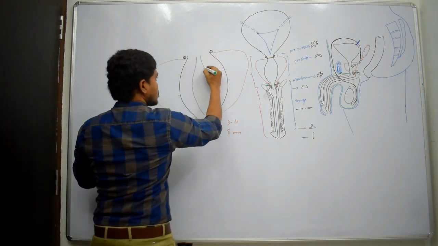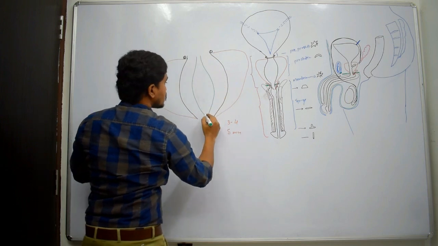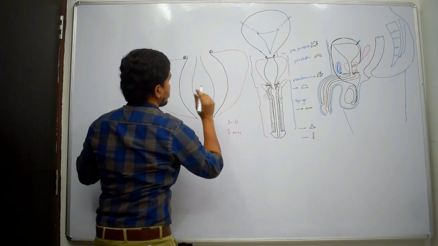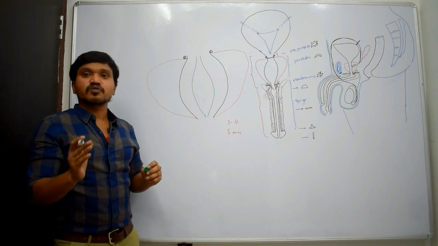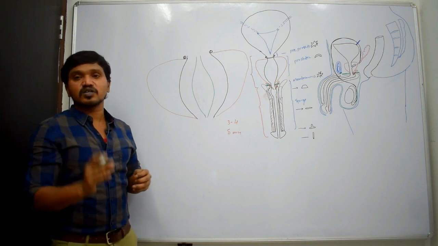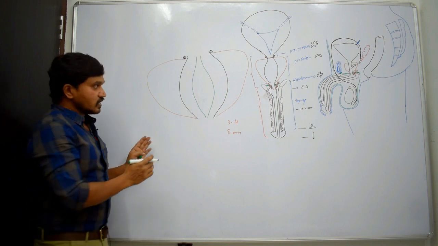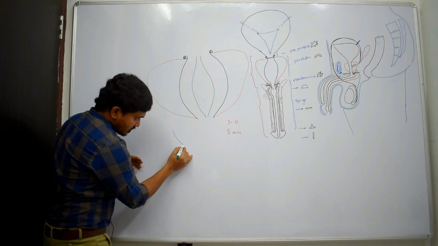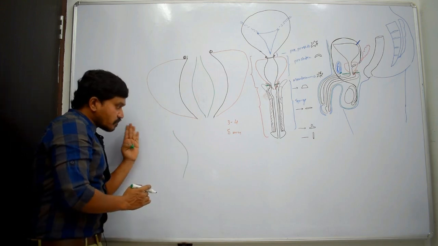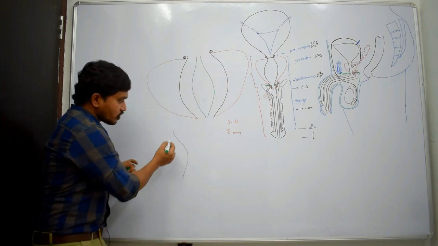This urethral crest is a median longitudinal fold of mucous membrane. It is formed by the insertion of the trigonal muscles of the ureters. Actually, if you see from the side view, that urethral crest will be like this. Right? So, this is a median longitudinal fold of mucous membrane.